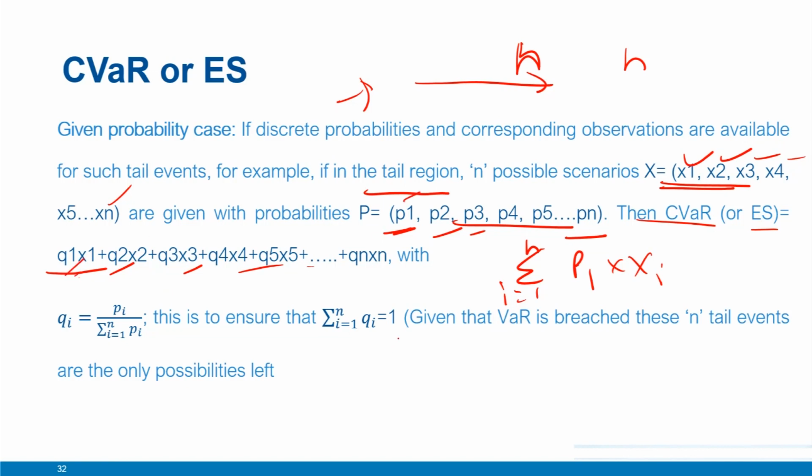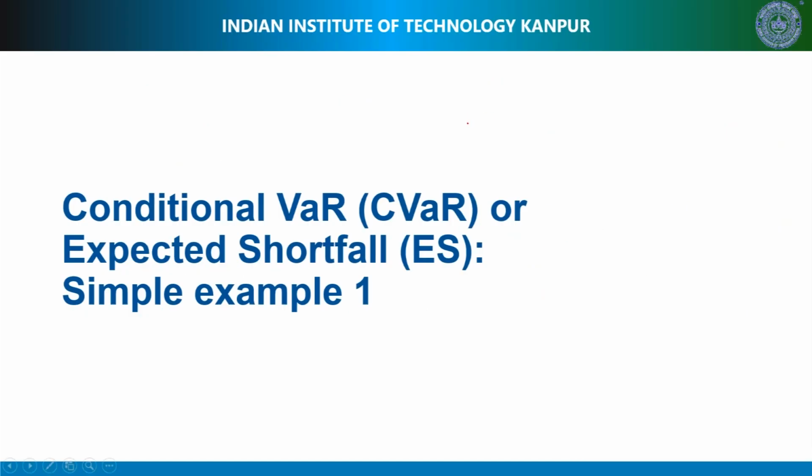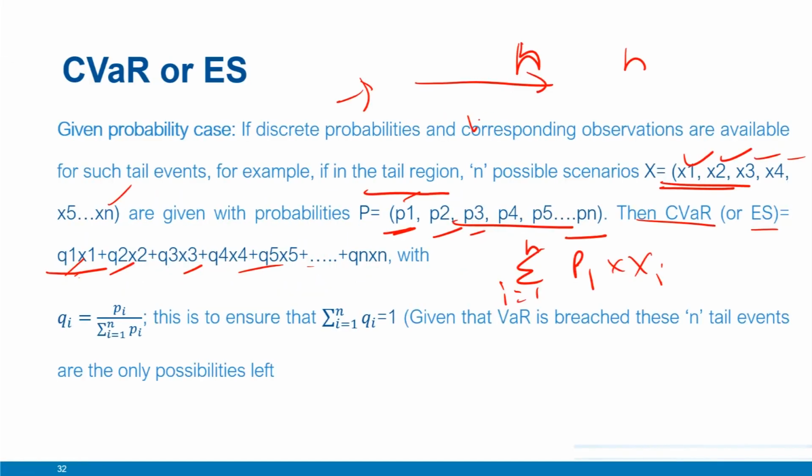How? Please note, once you have decided that your VaR level has breached, then only these are the possible scenarios. So for example, in the actual universe of population, let's say this P1 was 5% in the original scenario. But now in the revised scenario, we are looking at conditional probabilities, conditional that these are the only possible events.